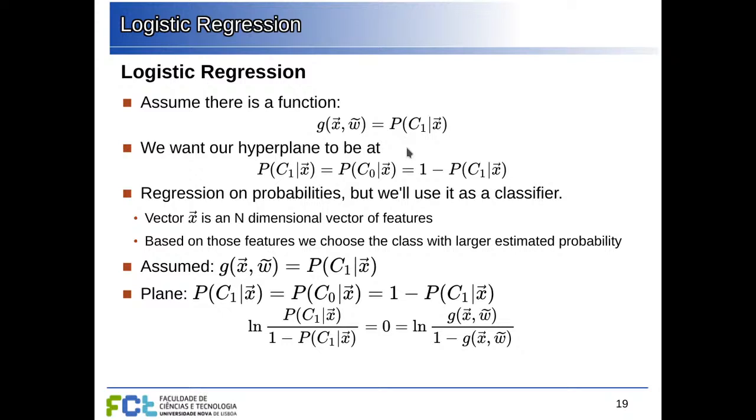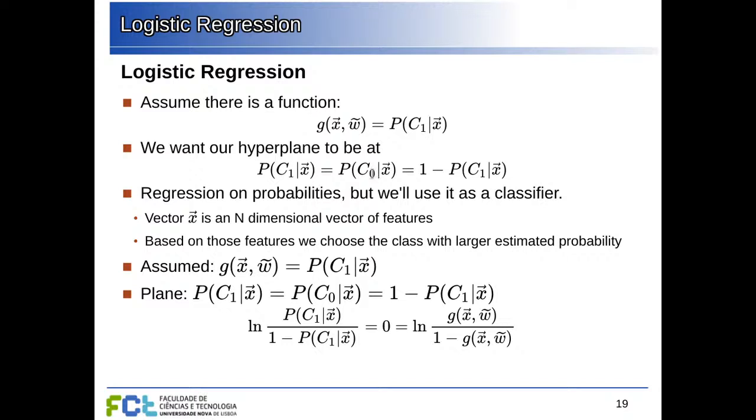And so if we have this function, if we can measure the conditional probability of belonging to class 1 for each point, we can consider the separation between the two classes to be that hyperplane where the conditional probability is the same for each of the classes. So the conditional probability of belonging to class 1 is the same as the conditional probability of belonging to class 0.